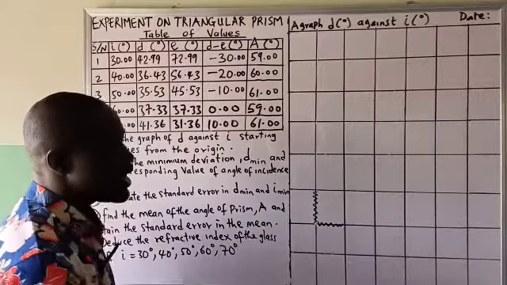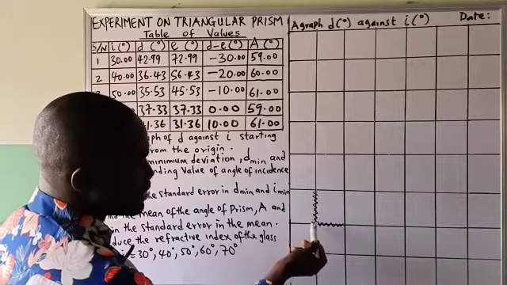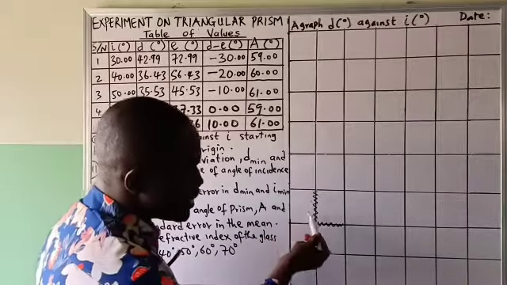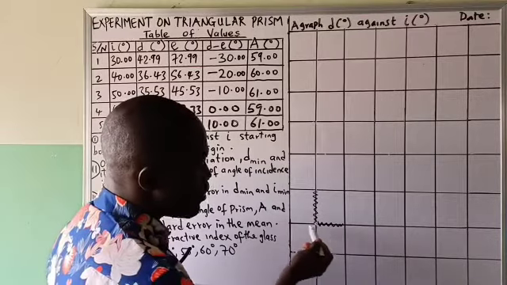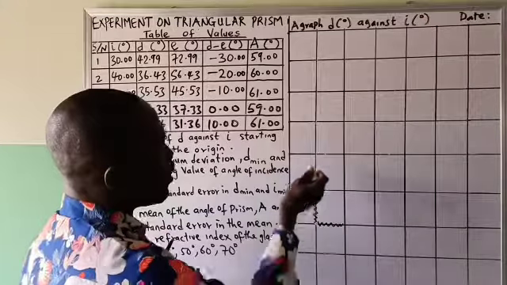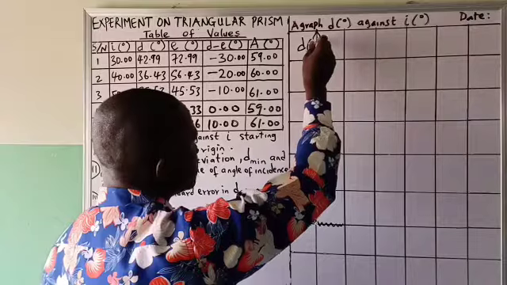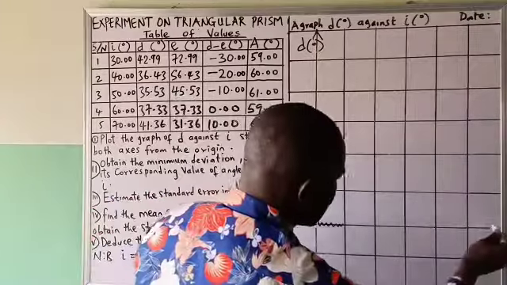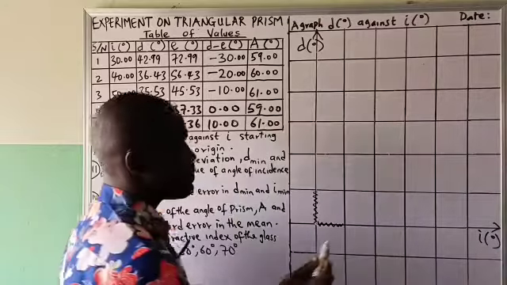That tells me that this zigzag is telling me that I am starting from the origin, but I am not writing 0 here. So for here, I will put my D in degrees and this my I in what? Degrees.